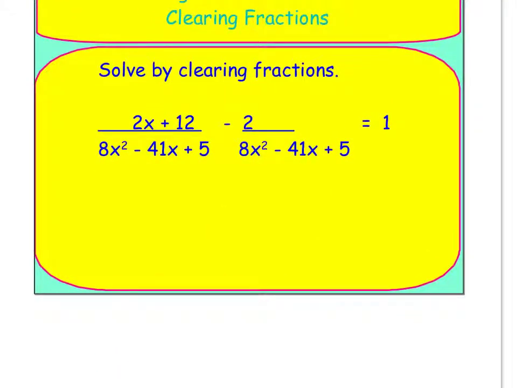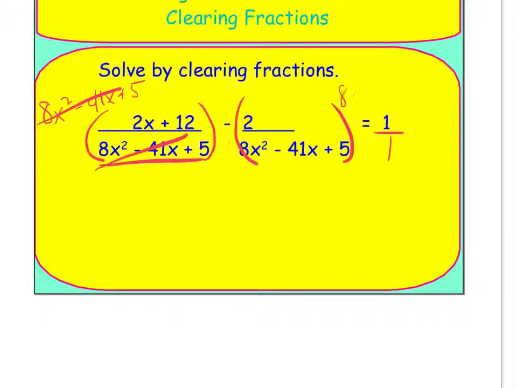On this one, you're looking for your common denominator. In this case, it's going to be the 8x squared minus 41x plus 5. So I'm going to multiply that by everything. So on this one, they're going to cancel out. On this one, they're going to cancel out.